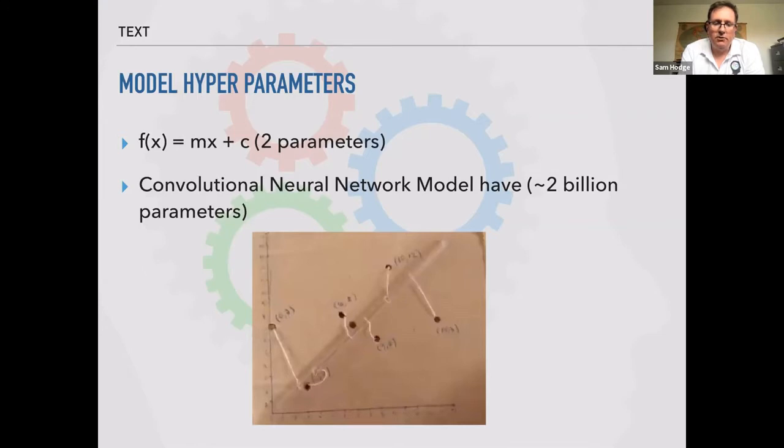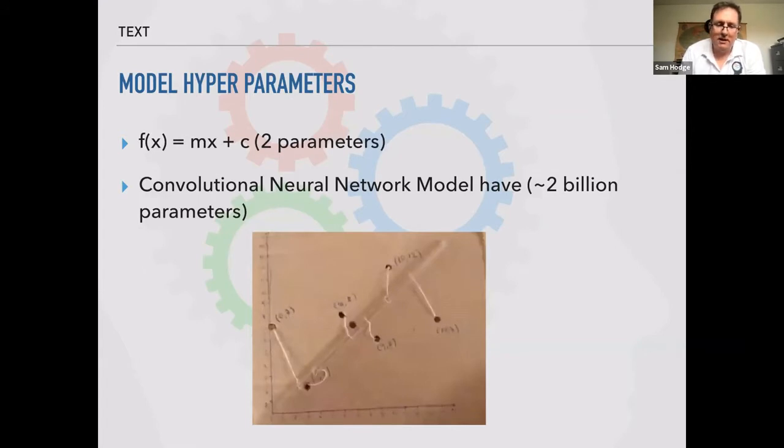So in the model of the glass rod, we've got two parameters that we're going to be optimizing. We're going to be optimizing the slope, the rate of change of the vertical axis over the horizontal axis. And we're also going to be optimizing the intersection between the y-axis and the glass rod. So if we put this in mathematical terms, that's mx plus c.